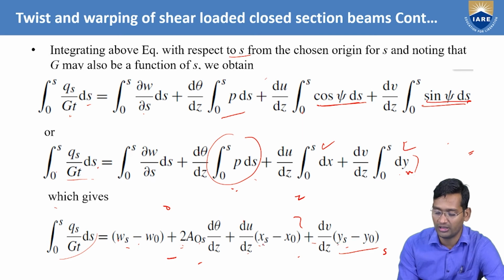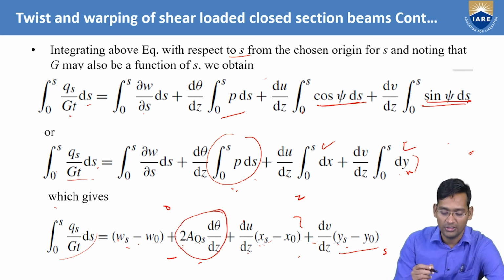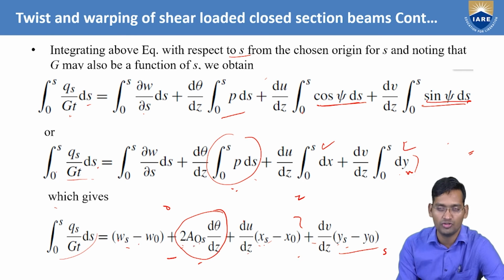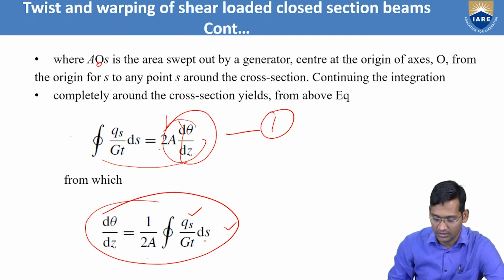So y naught, x naught and w naught cancel. Which term is left? Only this term. So integral of qs by Gt into ds is equal to 2A d theta by dz.